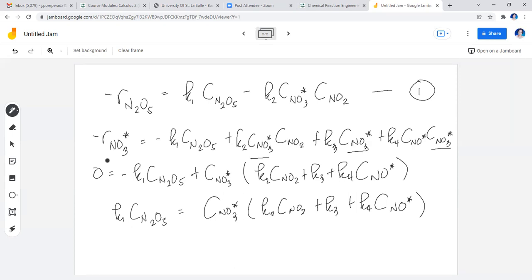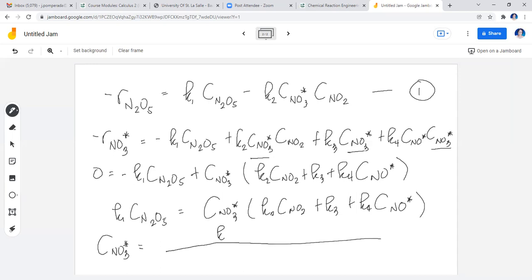Right? Now, as I said a while ago, our goal is to replace the concentration of the intermediate in our main net rate equation based on the species that appear in the rate law that we need to correlate with our reaction mechanism. So we will have now equation 2, which will give us an equation to replace the concentration of intermediate NO3 or nitrogen trioxide in our first reaction. So this would be in this form.